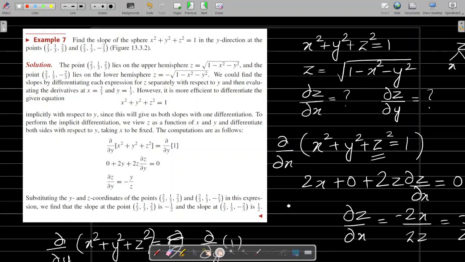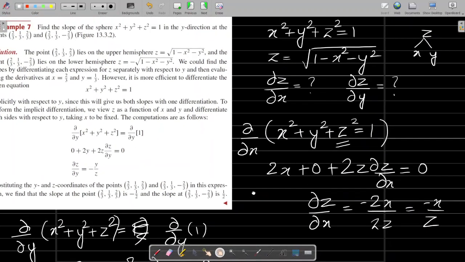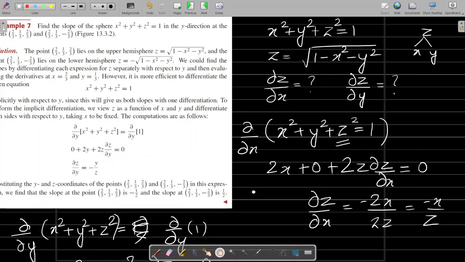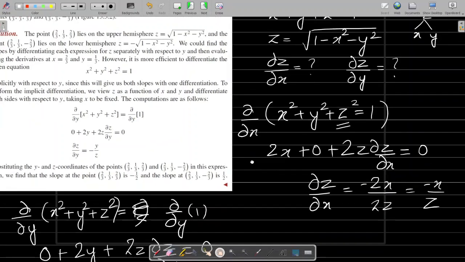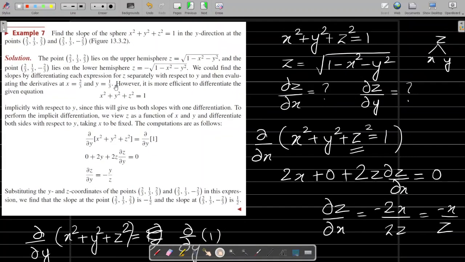That is called implicit differentiation. Now we will find the value at these points. So x is 2 by 3, y is 1 by 3, z is 2 by 3. That is the first point. So that is what we have to do first: x, y, z, so minus y by z, you evaluate first and then you get the answer.